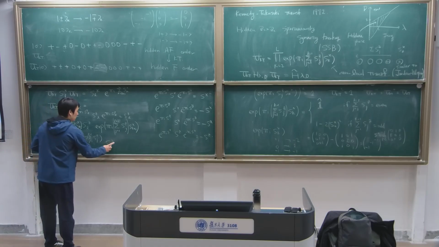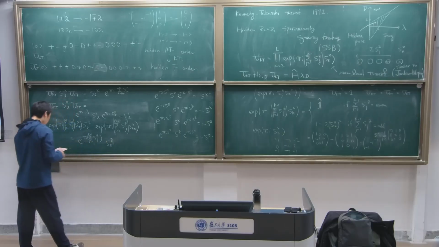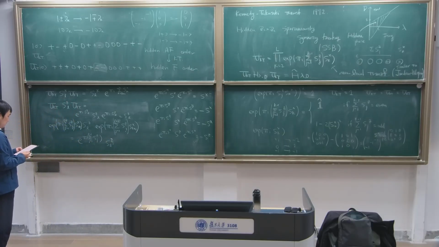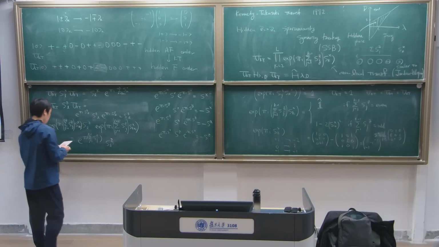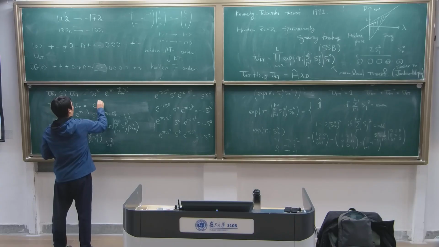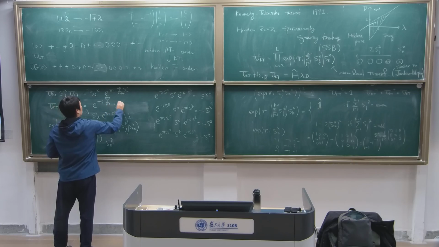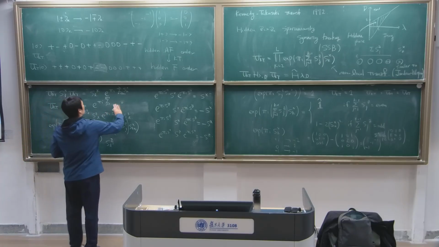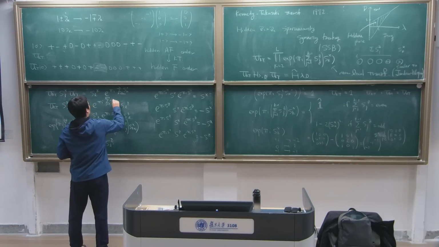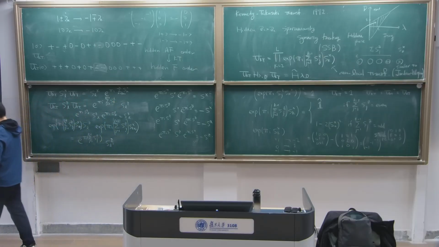Oh, sorry. So this is B. So therefore, this is equal to e to the pi I sum over L, or no, L minus 1, j equal to 1, SL. So is that okay?